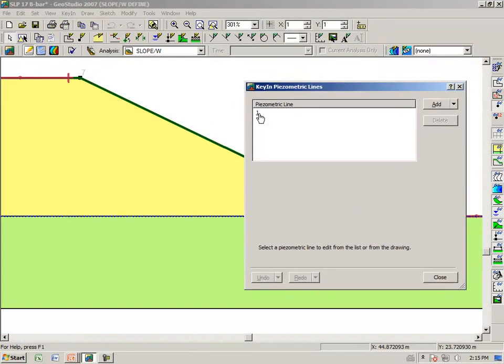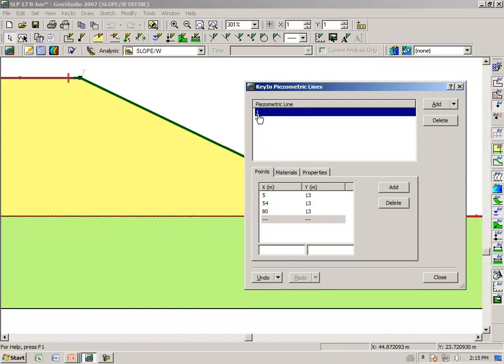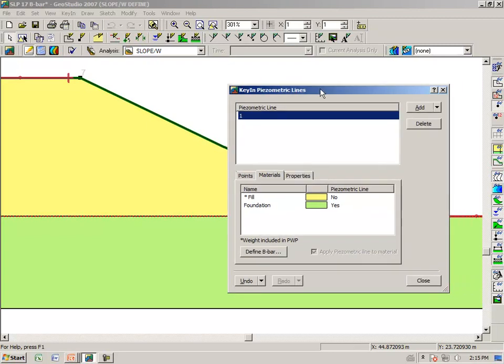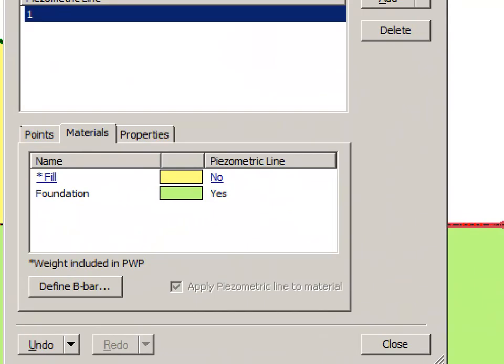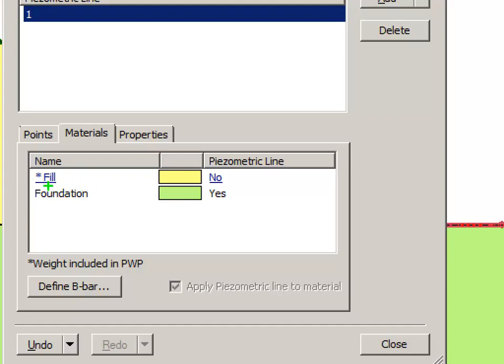We have defined one piezometric line, and under the Materials tab we see that the piezometric line does not apply to the fill. Notice that the piezometric line does not apply to the fill. The piezometric line, however, does apply to the foundation.